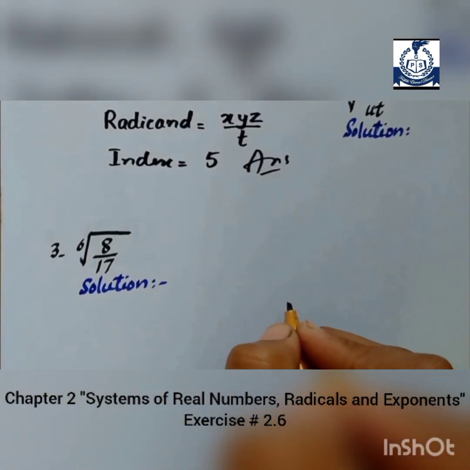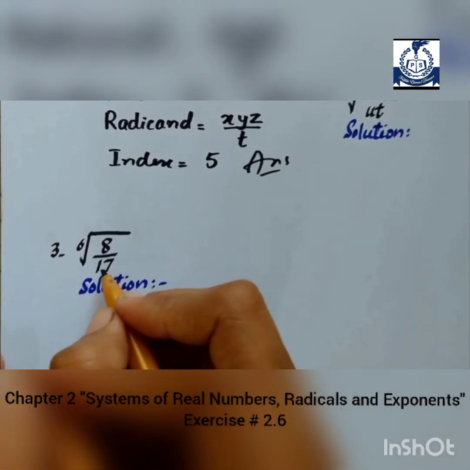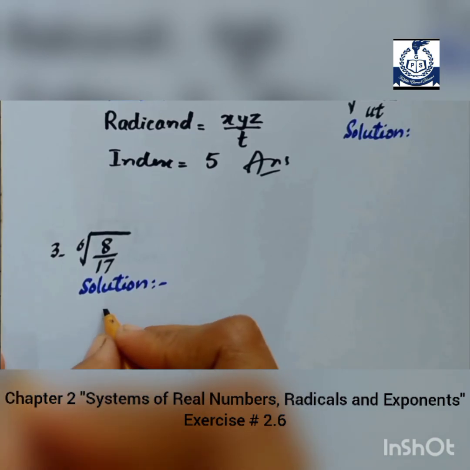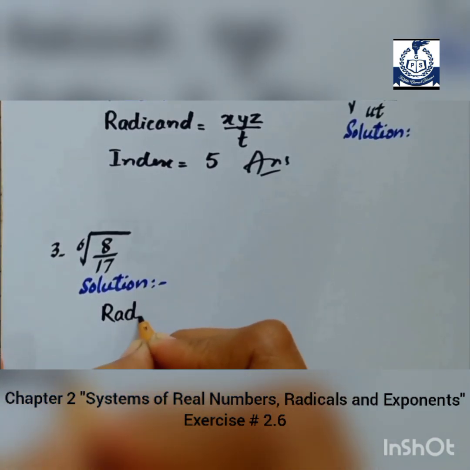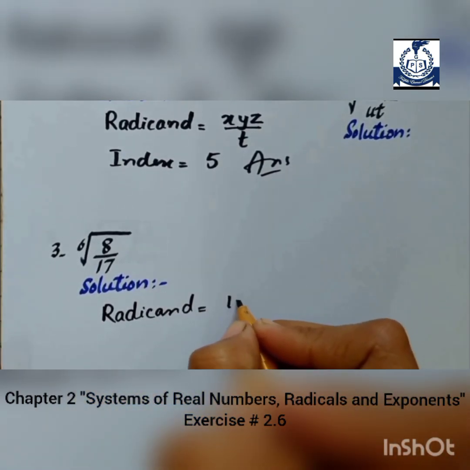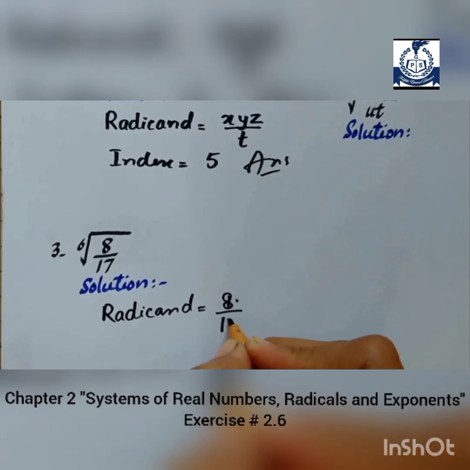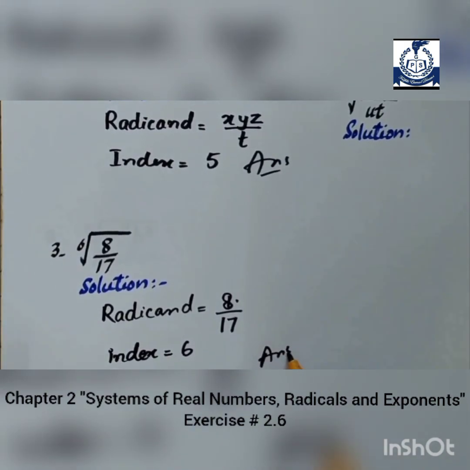Question number 3, sixth root of 8 upon 17. 8 upon 17 is the radicand, and 6 is the index. Index is equal to 6. Answer.